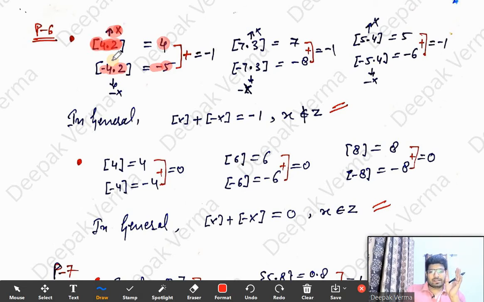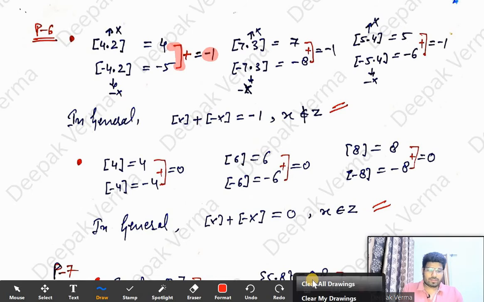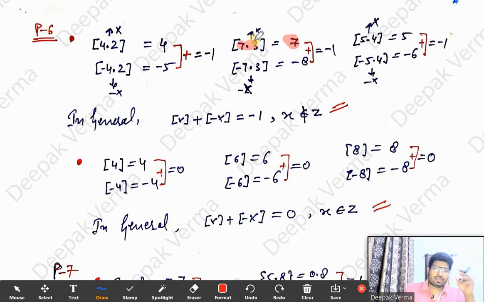Now if we add 4 and minus 5, we get minus 1. Now if we take box 7.3, the answer is 7, of course. The integer just to the left of minus 7.3 is minus 8, so box minus 7.3 is minus 8. If we add, we get minus 1 here.